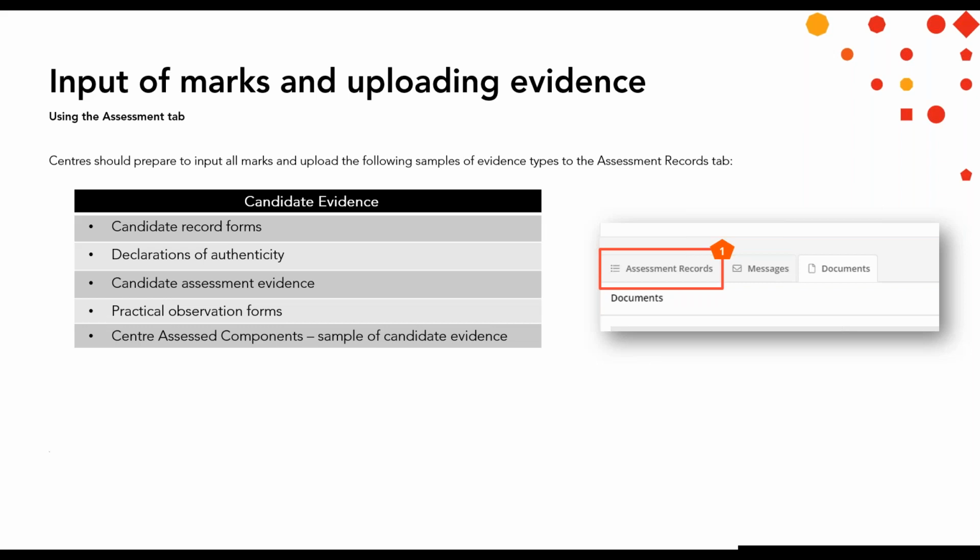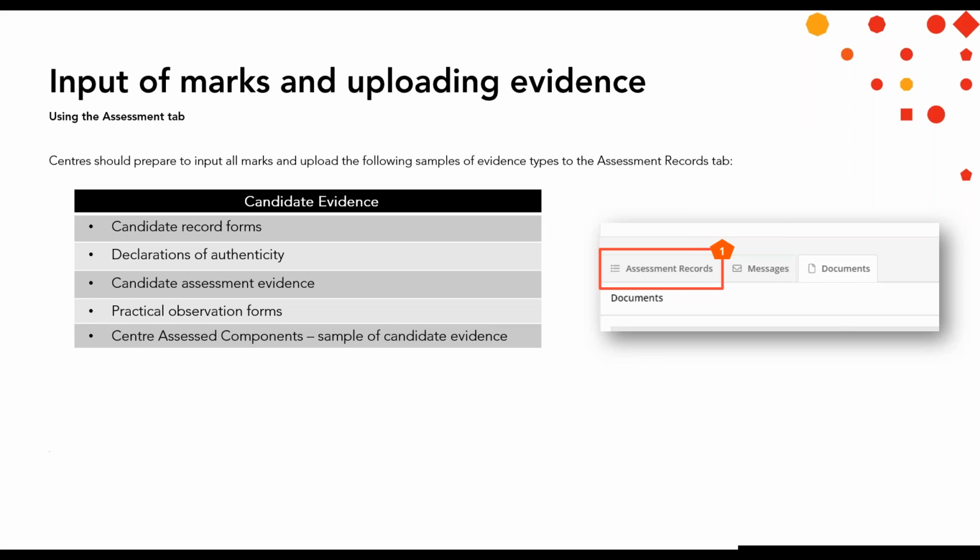It also needs to be the declaration of authenticity from that candidate. Then it is the candidate assessment evidence itself, the photographs, the actual written reports, etc. Practical observation forms also need to be uploaded per candidate. And for the centre assessed components, it needs to be a sample of that candidate evidence.